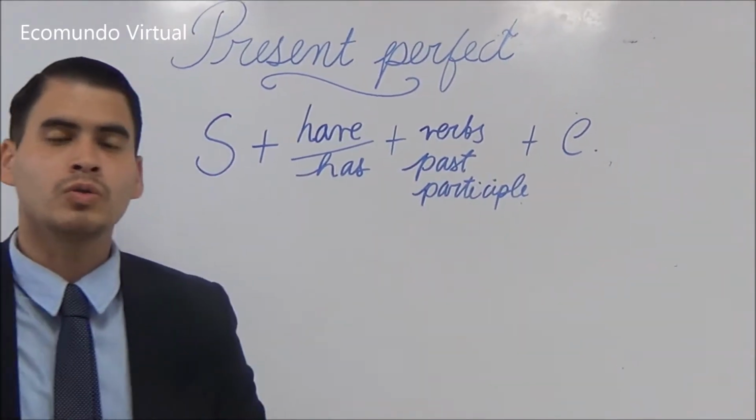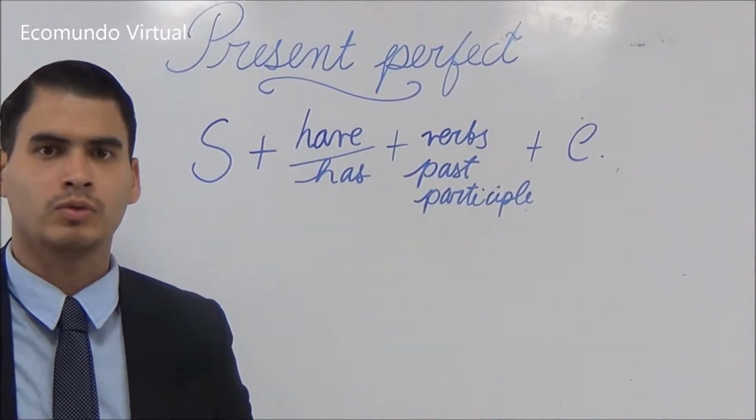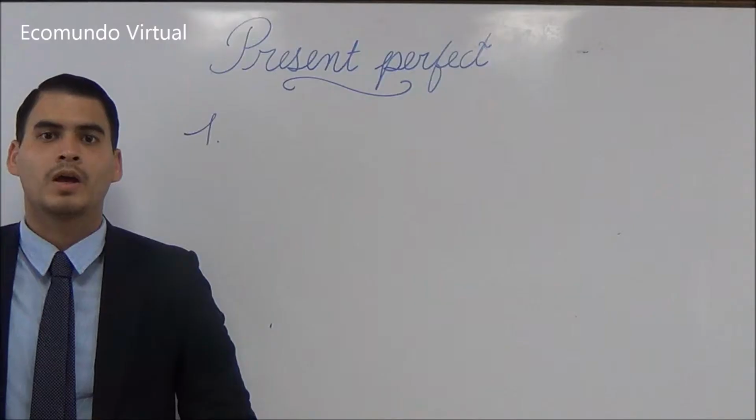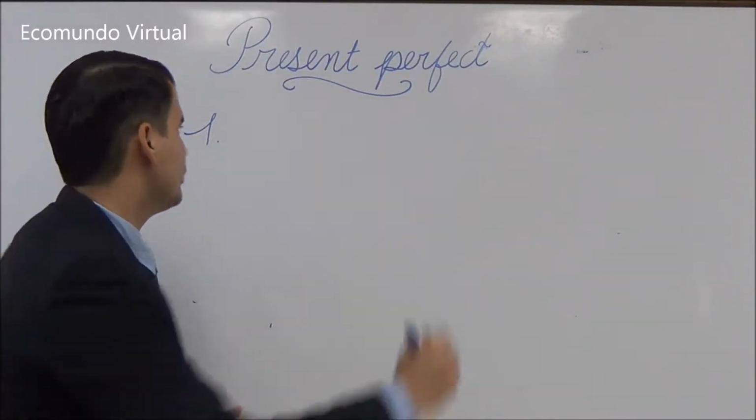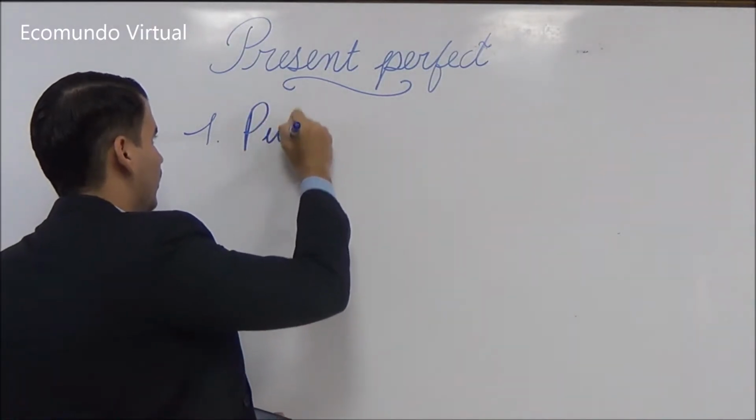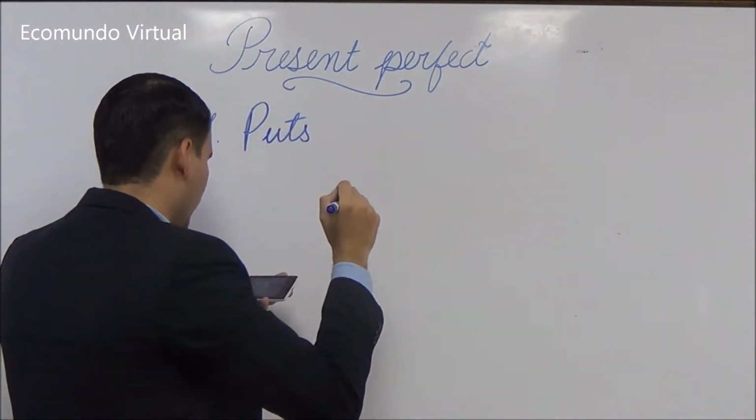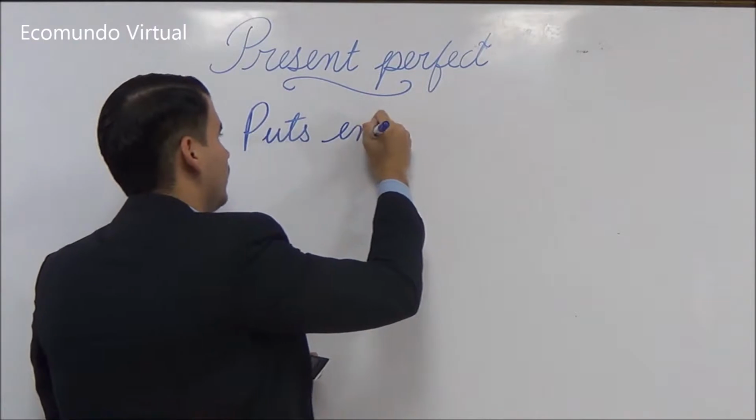Now we are going to identify the rules. Rule number 1. The present perfect puts emphasis on the result.